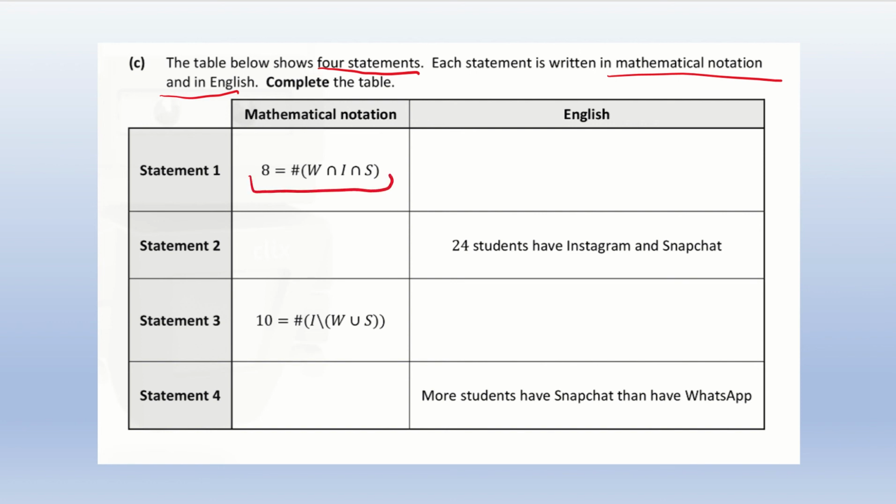8 is hashtag W intersection I intersection S. So 8 is the cardinal number of the people that are in the intersection of WhatsApp and Instagram, and also in the intersection of Snapchat.